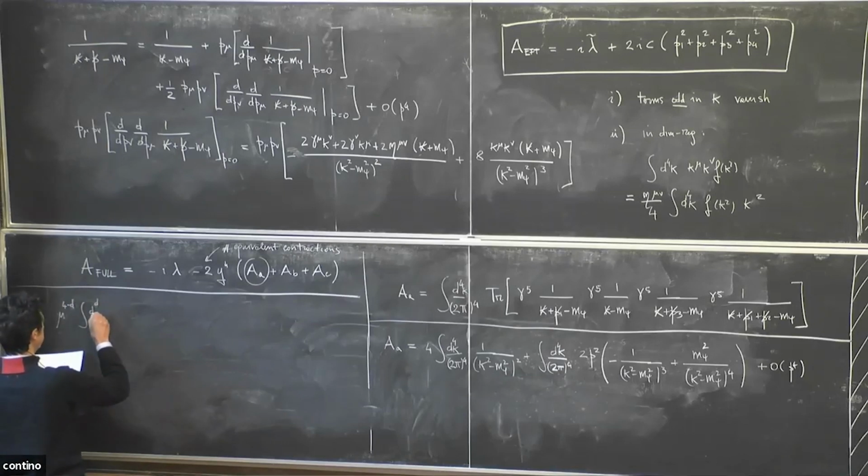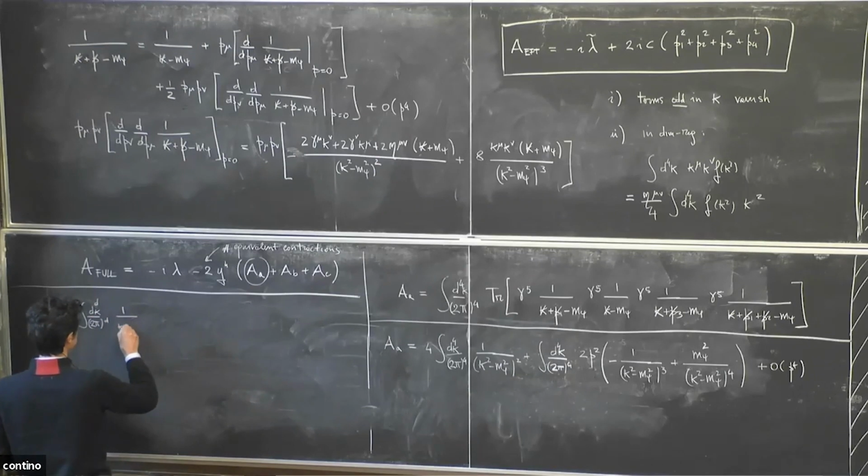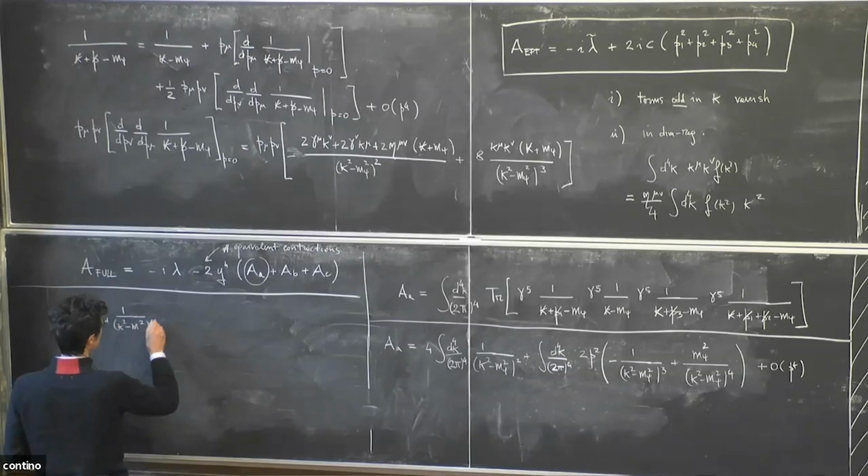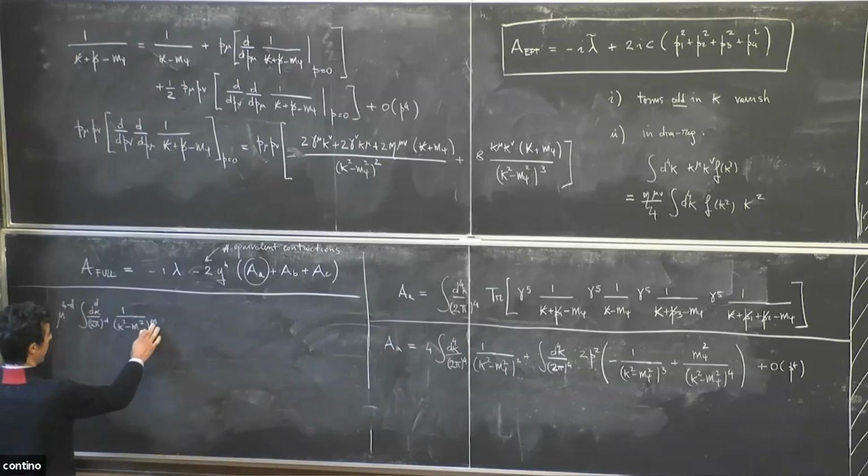Integral in d k over 2 pi to the d of 1 over k squared minus m squared to some power n.